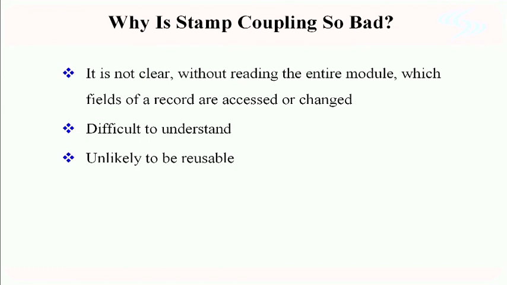Well, is it good or not? We must admit that it is not clear without reading the entire module which fields of a record are accessed or changed. So that means it is difficult to understand the module and the interface, and it is unlikely to be reused.